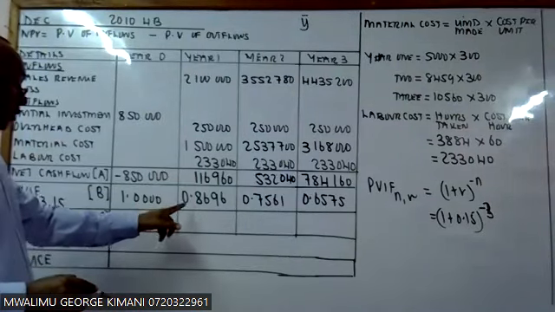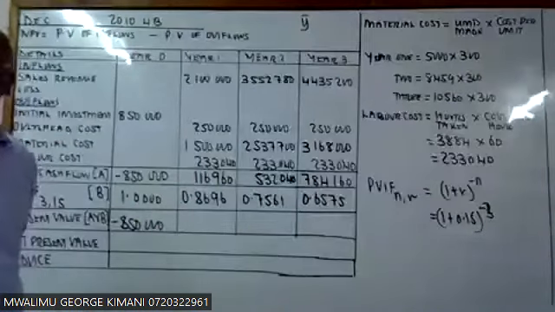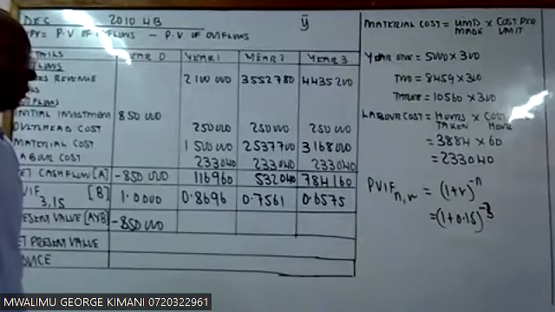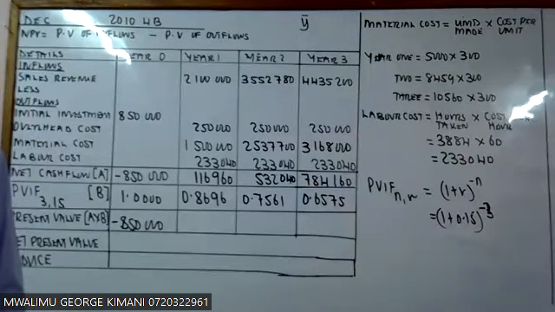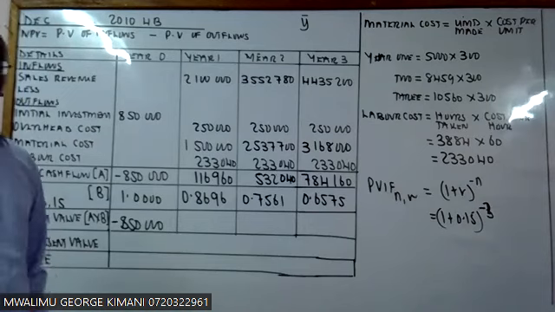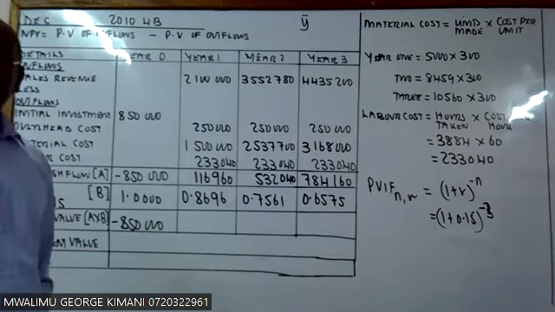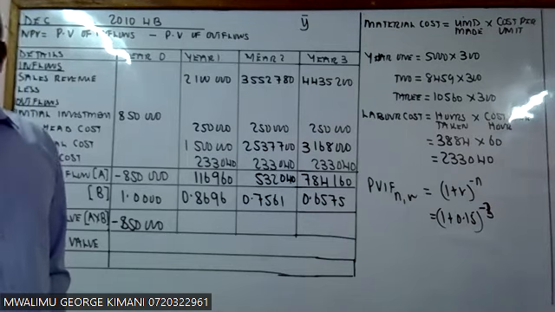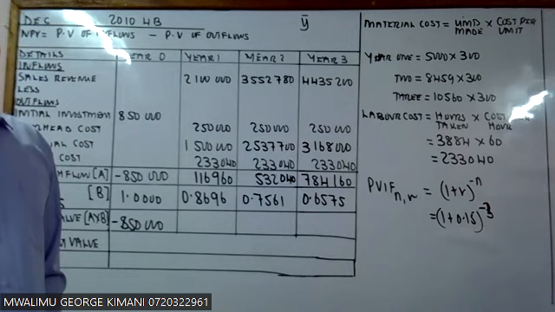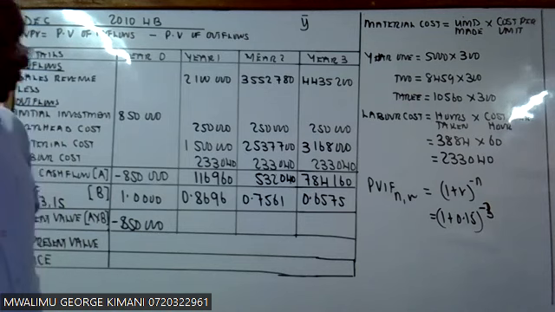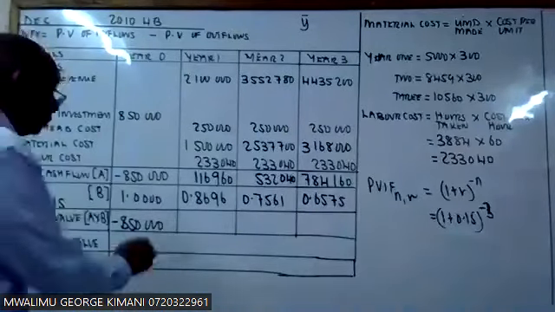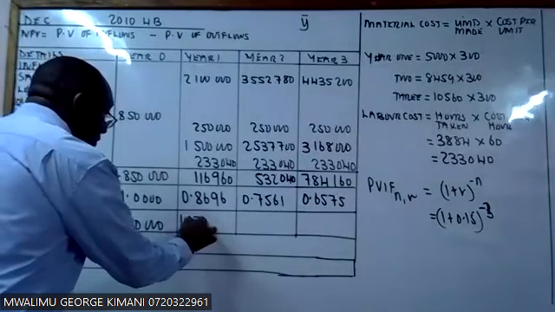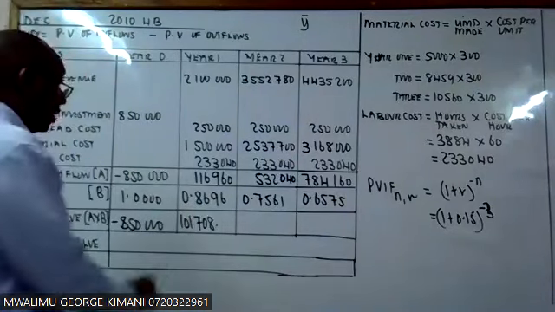Tell me this one now, multiplied by this. This times this: 101,708.416.